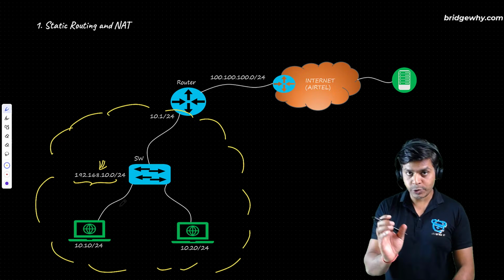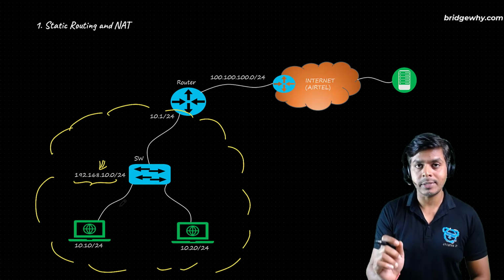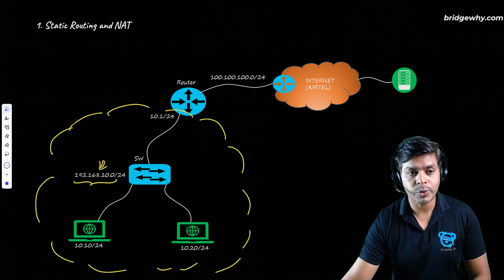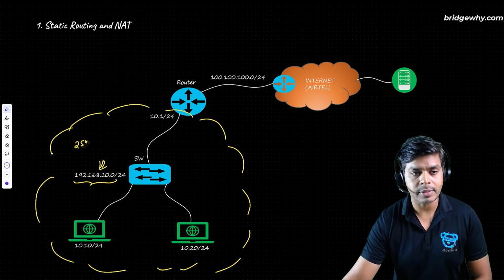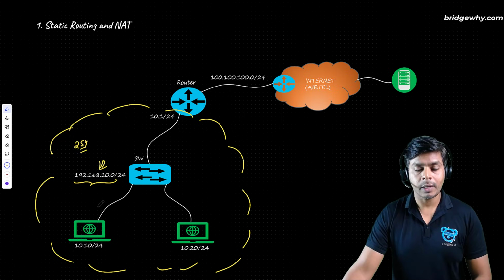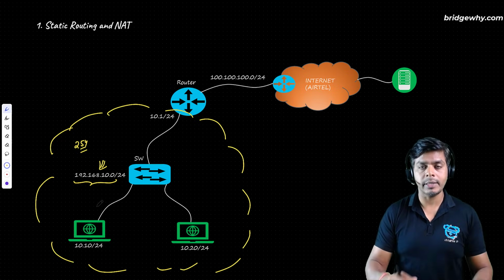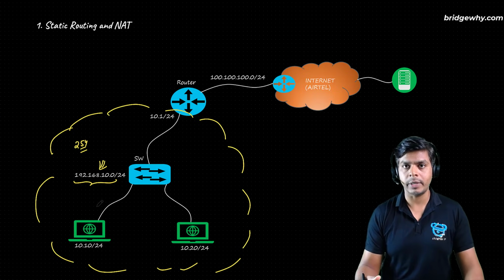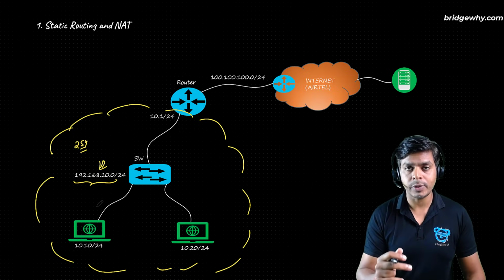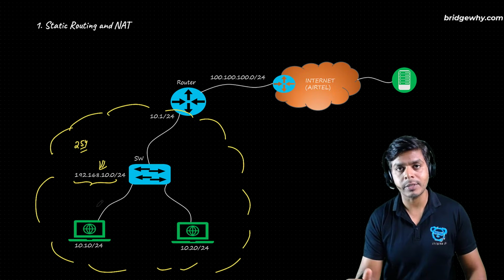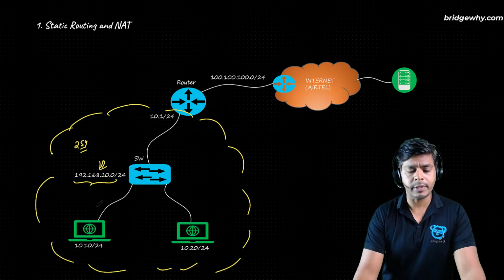And by this /24, you should understand that we have 254 addresses. I think you understand this concept that the first address is for the network and the last address is for the broadcast. So I think you get it, right?